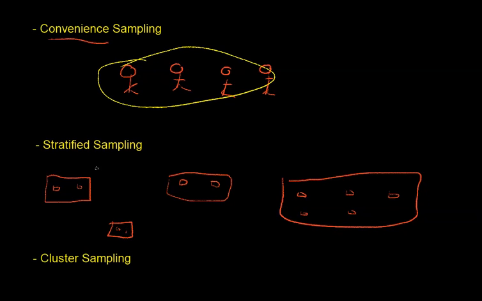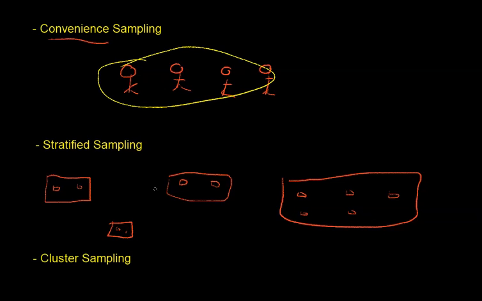So in stratified sampling, you say, okay, I have these naturally forming groups, these naturally forming strata, and I'm going to randomly sample.